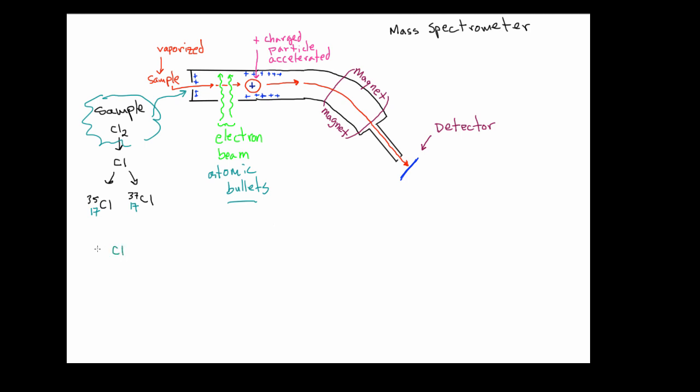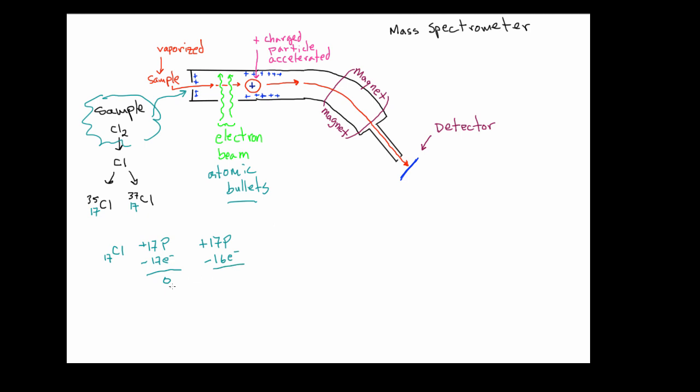Remember that Cl has an atomic number of 17. That means it's got 17 protons. Protons carry a positive charge. The neutral atom has 17 electrons. So the net charge on a chlorine is 0. If we knock an electron off of the atom, then what we're going to have instead is 17 protons and 16 electrons.